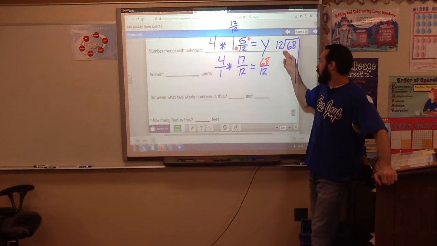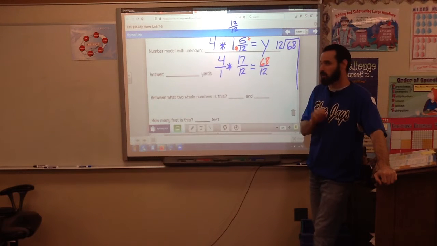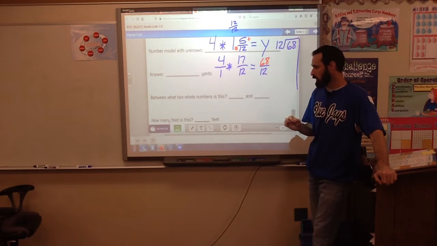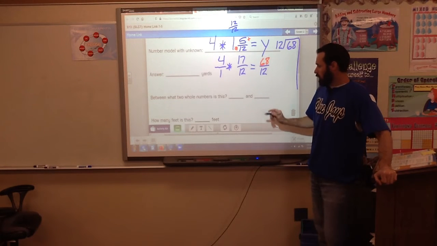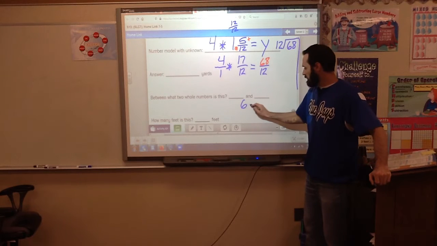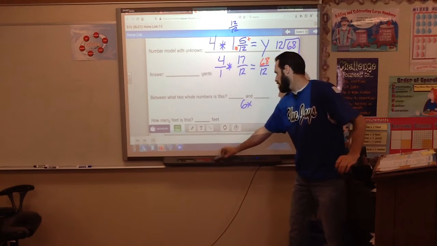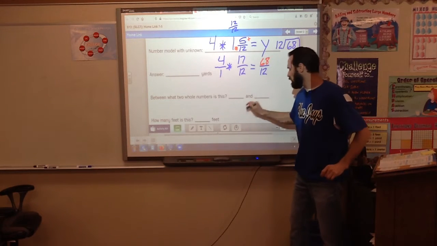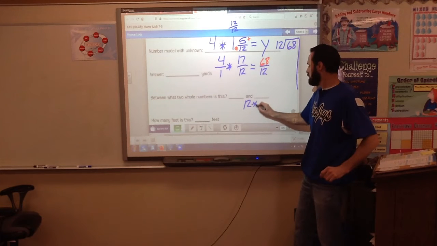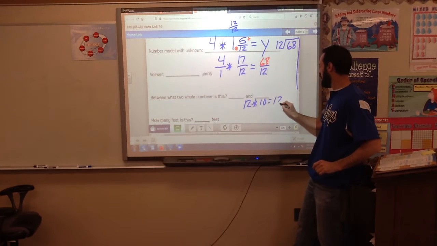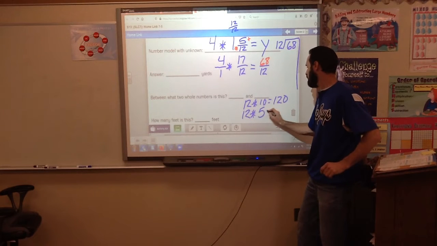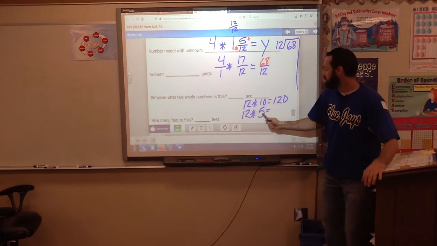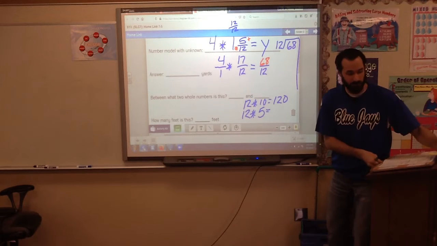I know that I can't do 10/12s because 12 times 10 is 120. Well, if I can do 12 times 10, I can also figure out what 12 times 5 is, because 5 is half of 10.